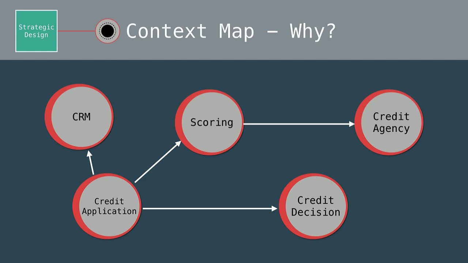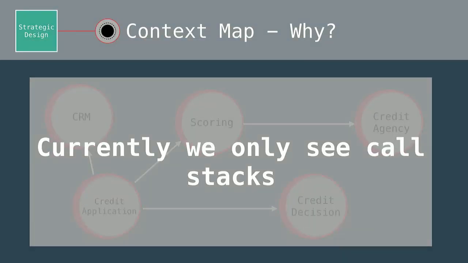We have a scoring system which is talking to a credit agency. We also have a credit decision context. That is something a lot of you have already sketched out in UML diagrams or context diagrams. But so far, we only see call stacks here.